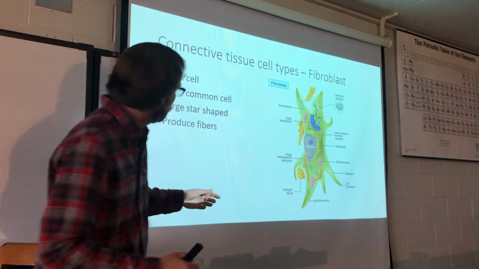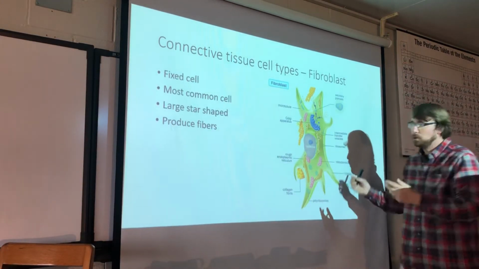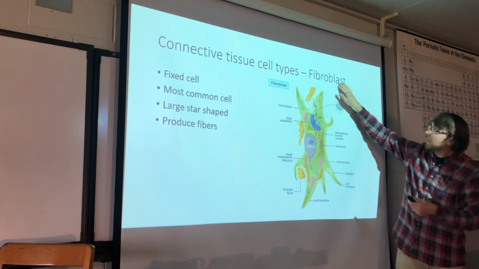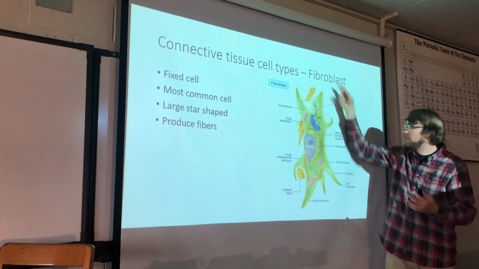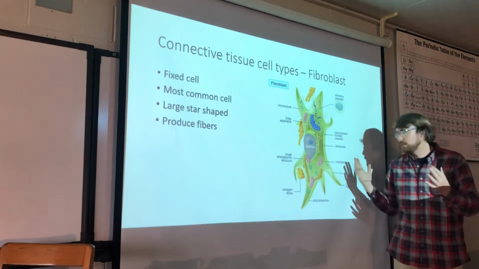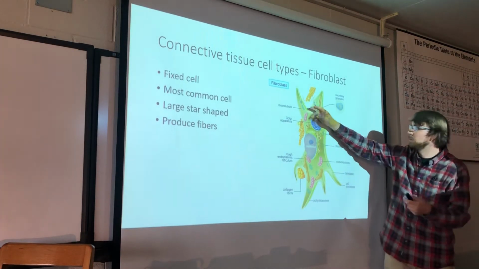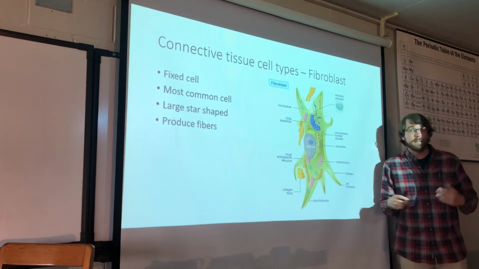They are large, they are sort of star-shaped, and they produce fibers. I think they have a pretty great name. They blast out fibers. They are going to produce these large collagen and reticular and elastic fibers that are extracellular. So these fibers are produced and then pushed out of the cell or blasted out.